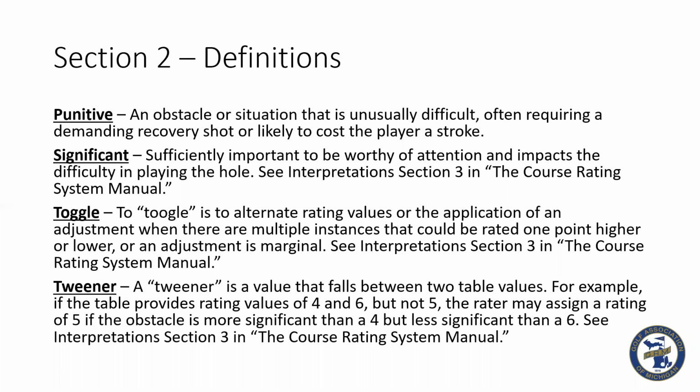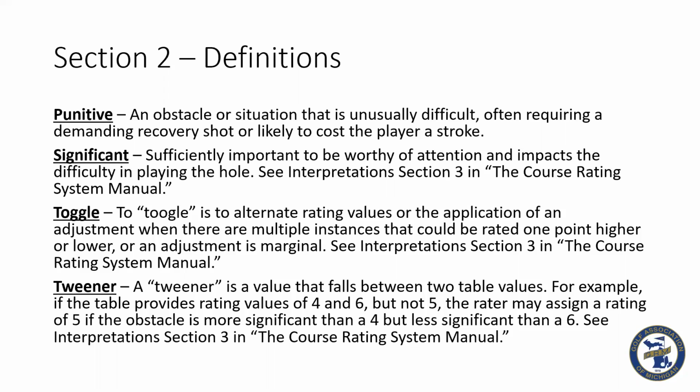They've even had these in the past in the course rating manual, where they have these quote unquote decisions that are now called interpretations. They'll provide some concrete examples of what would be significant, and likewise in these next two, what would be a toggle and what would be a tweener. A toggle, which a lot of you that have done this for a while know, is when we alternate rating values or the application of an adjustment when there are multiple instances that maybe don't quite reach that 1 point adjustment.